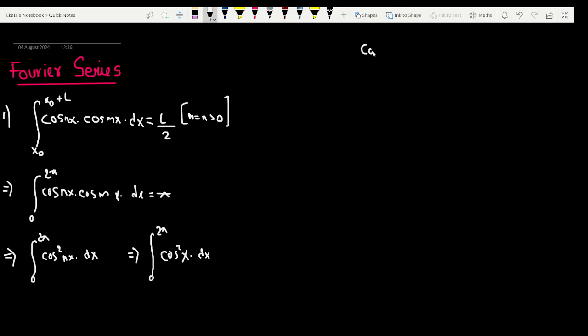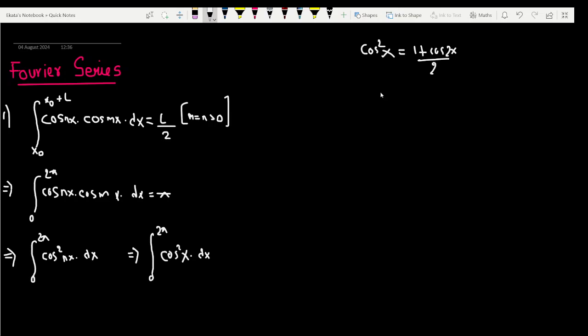Cos square x can be written as 1 plus cos 2x divided by 2. This is a very important trigonometric identity.